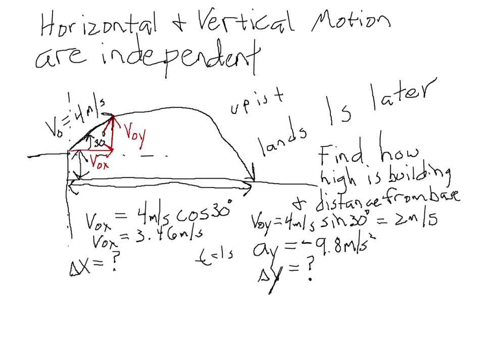Is there anything else we know? Well, there is one more piece of information we have, and that's the acceleration in the x direction. The acceleration in the x direction is 0 because gravity does not pull things sideways, it only pulls them down. So what would accelerate the object in the horizontal direction?